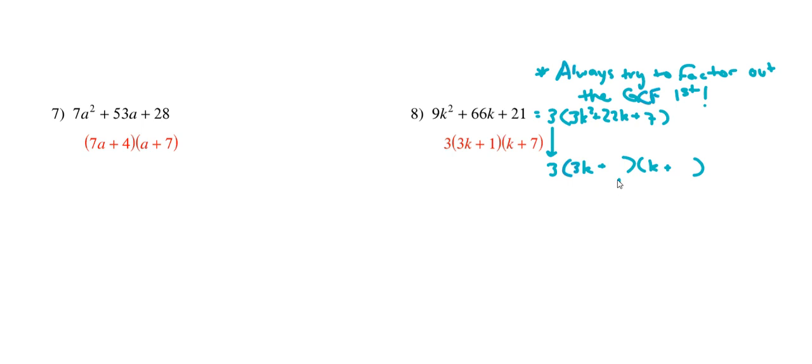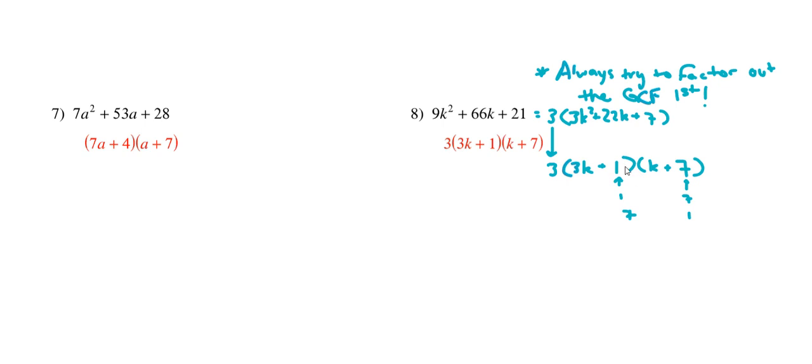So I'd have to try out in these two spots, +1 and +7, or +7 and +1, and see which combination would give me that trinomial in the previous step. And as you can see in the answer key there, it must be a 1 and a 7, because 3k squared plus 21k plus another k, that is that 22k, and then multiply the last two to get 7.